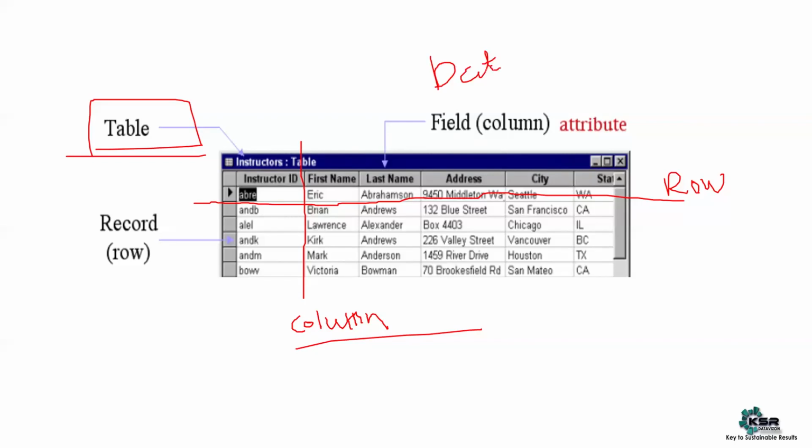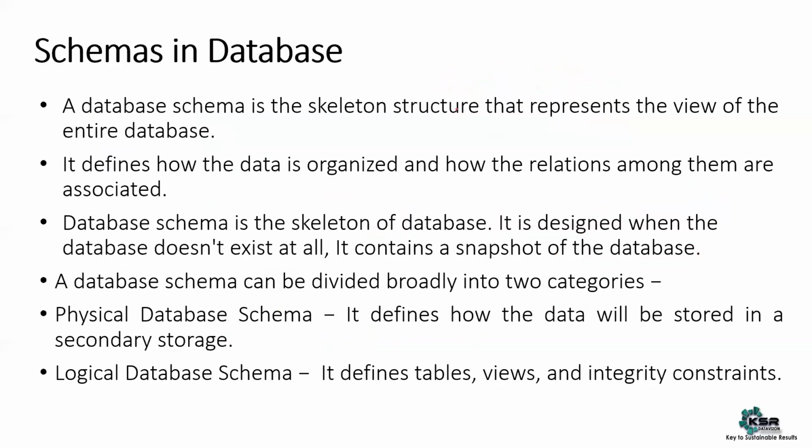Database is structured information. There are many other storage systems where the information is not structured. Apart from database, there are many other storage systems, but in terms of database, it has to be structured information. It has to be a table, with rows and columns. Okay, if there are no questions, let's move to the next topic.